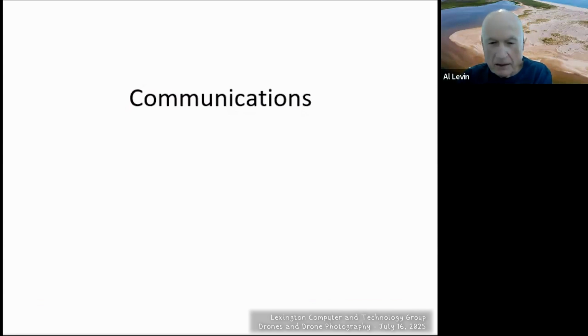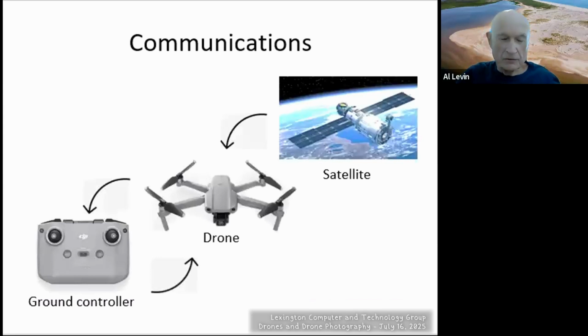Communications. The drone needs to communicate with the ground controller, that's you and me, but also with the satellites. And as you might have gathered by now, I'm a picture person. So let's look at these communications using pictures.